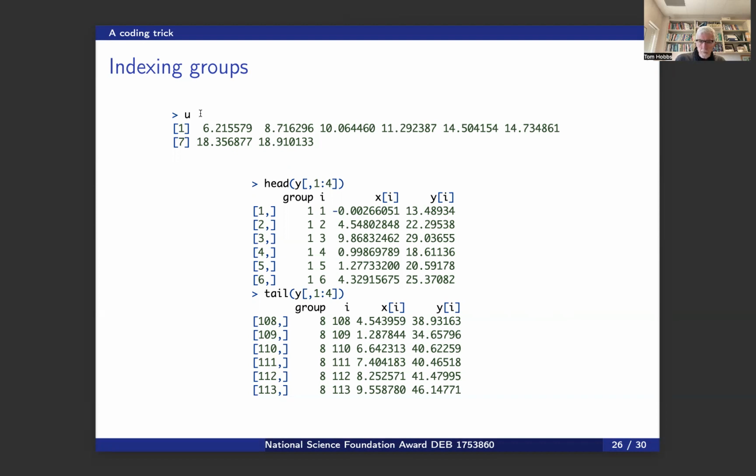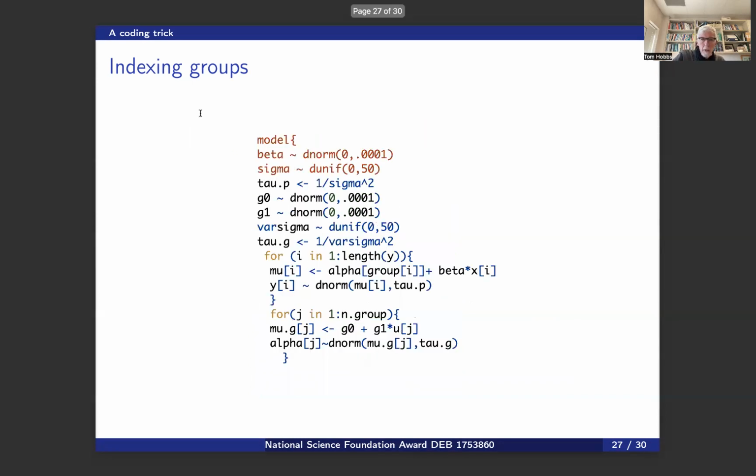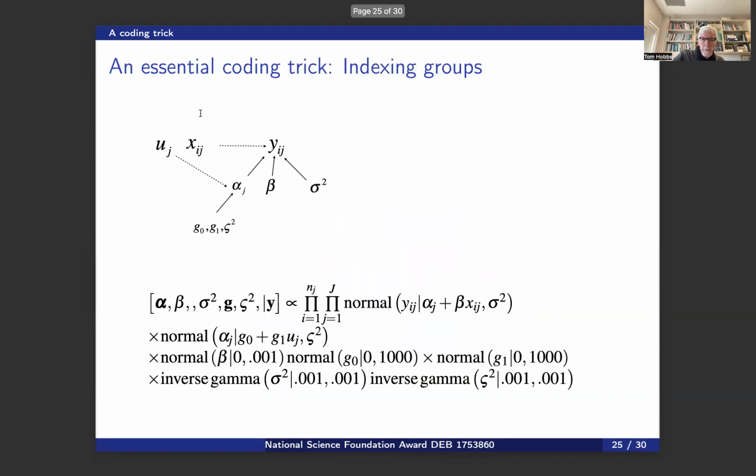Now notice the group number changes as we go down the rows. This is the only sensible way to store our data. But this form of the mathematics of the model, ij, would imply that they're stored in rows and columns, so there are J columns and i rows, where i indexes rows and j indexes columns.